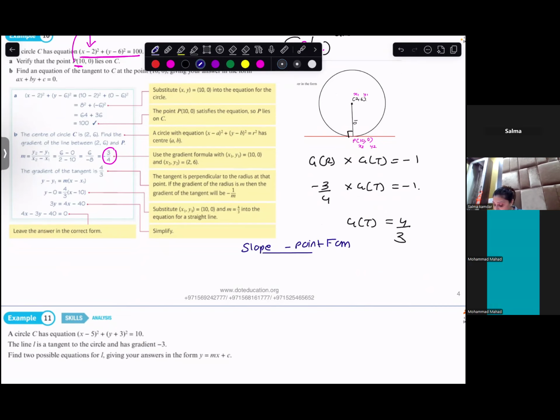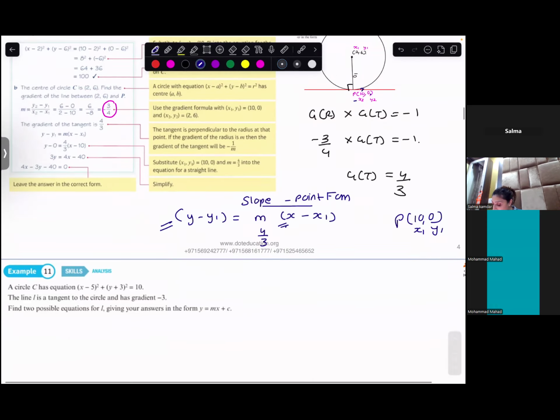Slope point form equation is y minus y1 is equal to m times x minus x1. Y will be as it is, x will be as it is, x1 will be 10 and y1 will be 0 because the point on the tangent is 10, 0. So y1 will be 0 and x1 will be 10. Are you with me?